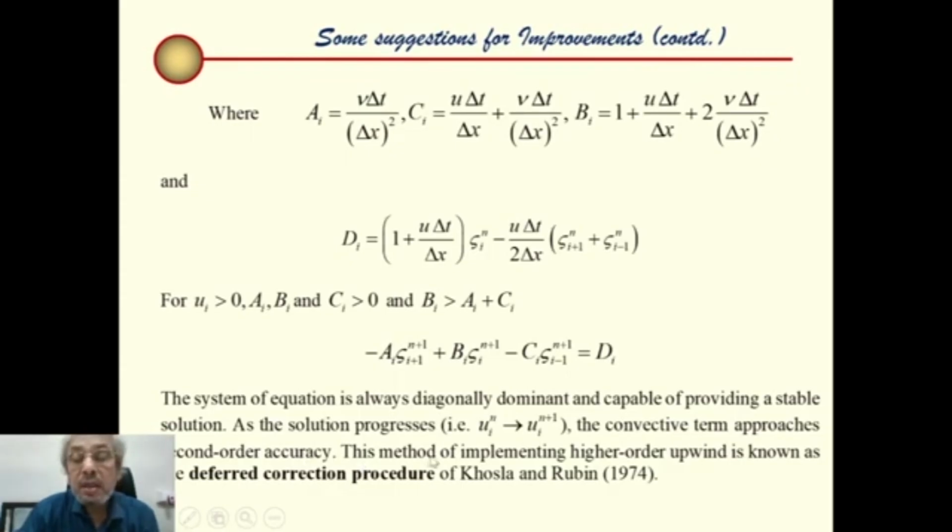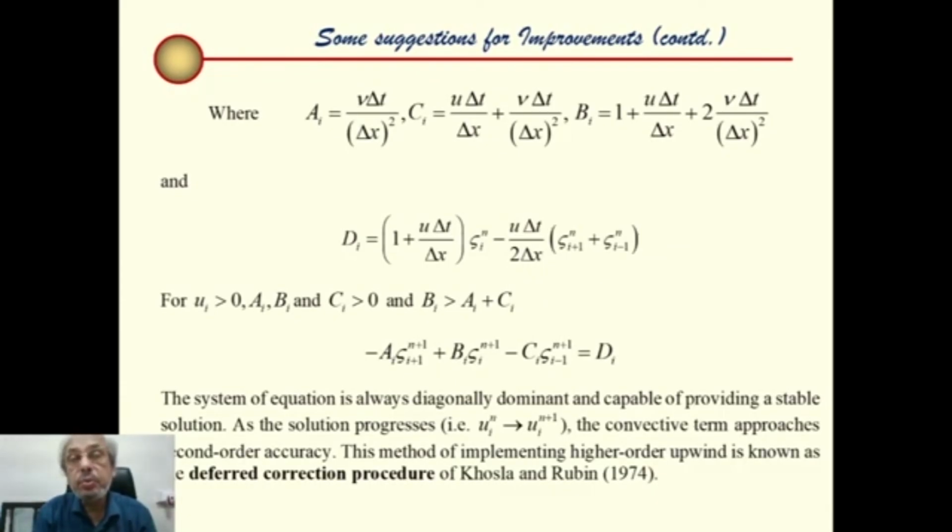This method is often called the deferred correction procedure, because whatever artificial diffusion is introduced keeps on reducing when we go from one level to another level.